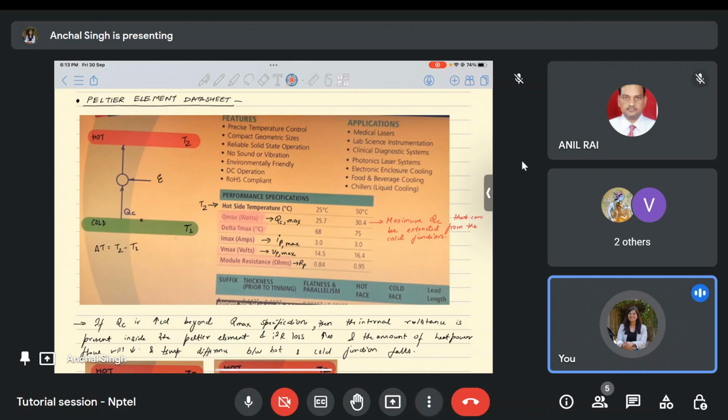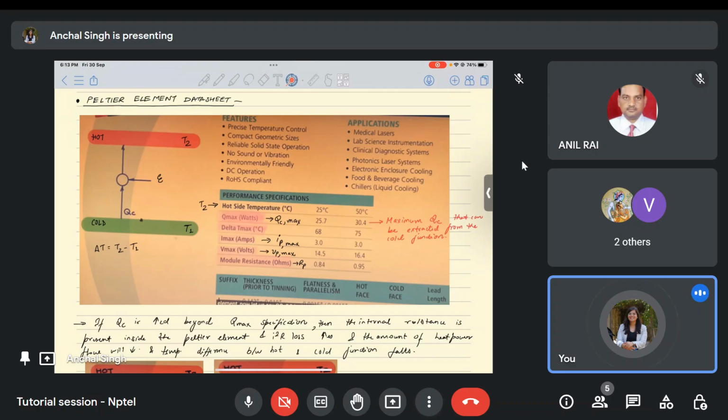Qmax is the maximum amount of heat that the Peltier module can remove from the cold junction. So, if you are putting in a Peltier module, then that is the maximum energy or heat flow that the Peltier module can do. Then delta max is the maximum delta temperature that the Peltier module can sustain across it. Imax is the maximum current that can flow through the Peltier module.